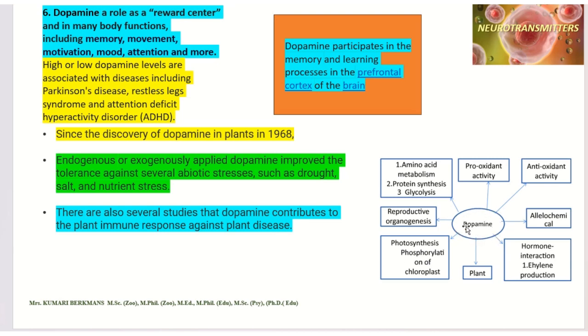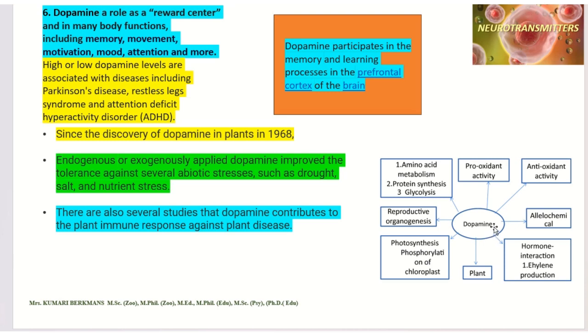Dopamine enhances photosynthesis and phosphorylation of chloroplast. It enhances reproductive organogenesis. It enhances amino acid metabolism as well as protein synthesis and glycolysis. It also enhances pro-oxidant activity, and it also enhances antioxidant activity.